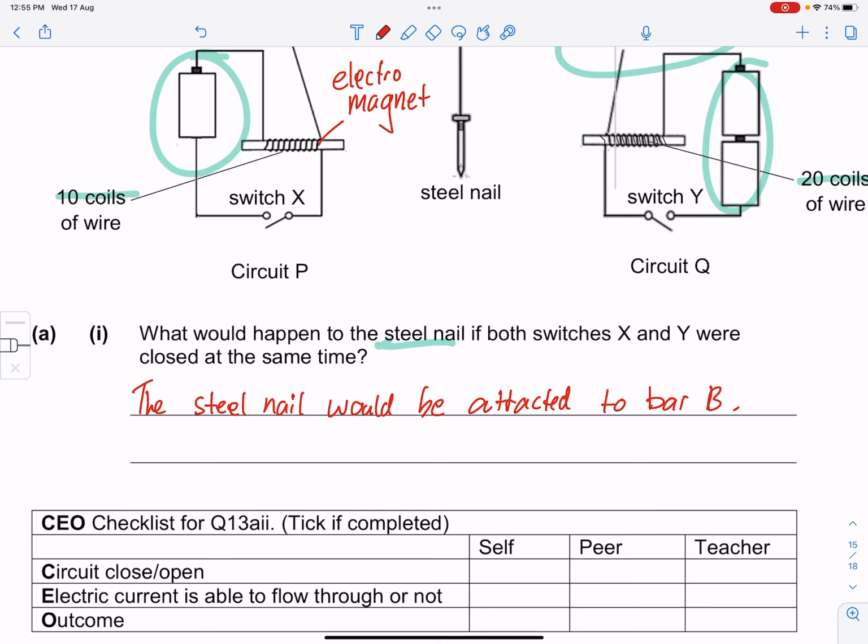I might have given you marks, but technically it's not correct. Because it's not the whole entire circuit that is an electromagnet. It is your iron bar only. But if you say it will move towards circuit Q, that's fine. But if you say it's attracted to circuit Q, that is technically not correct. Okay?